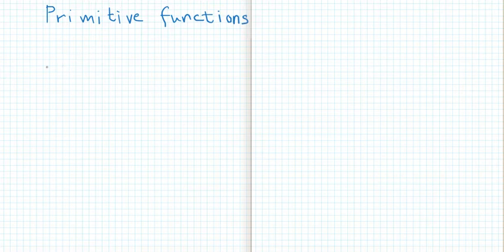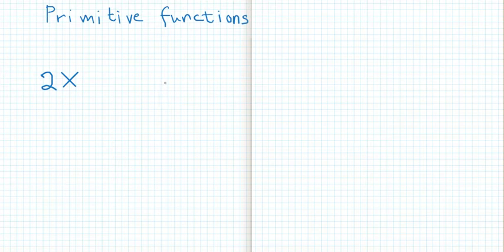Let's start with a couple of examples. Let's say that we have this function, 2x. If I tell you that this is the derivative, what was the function?